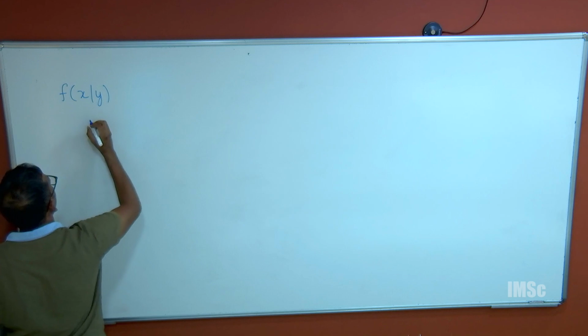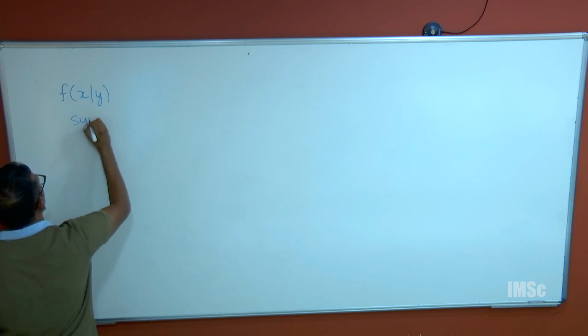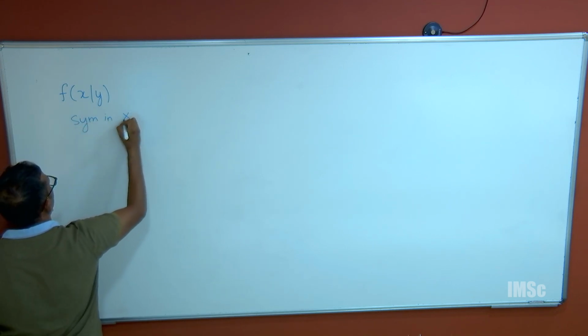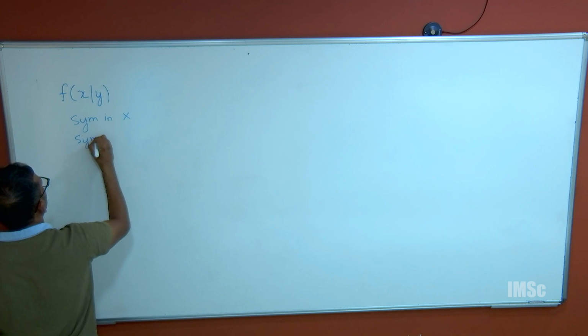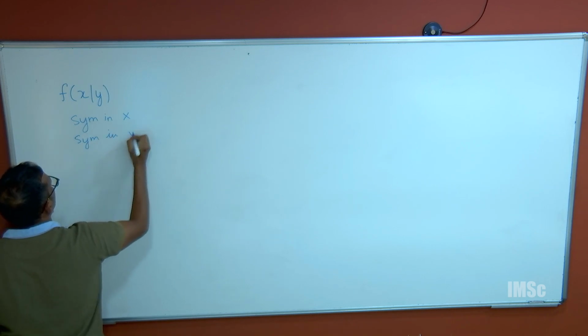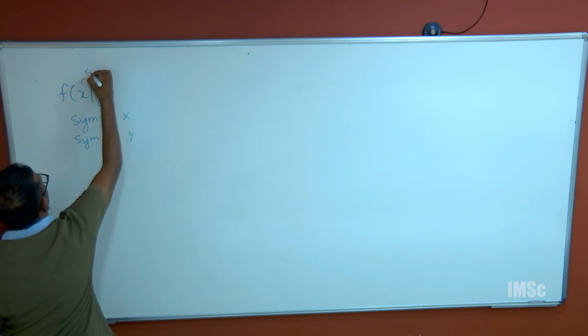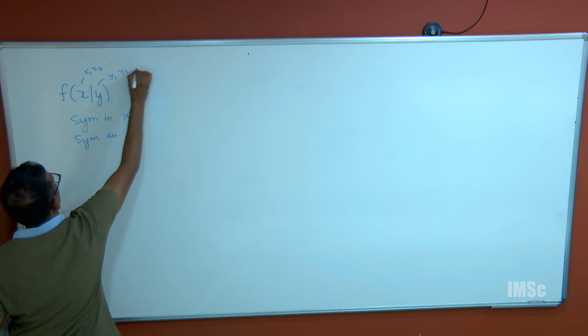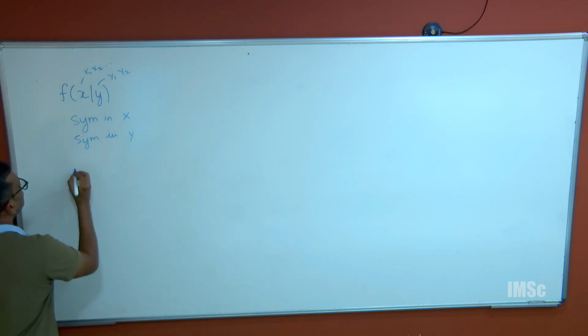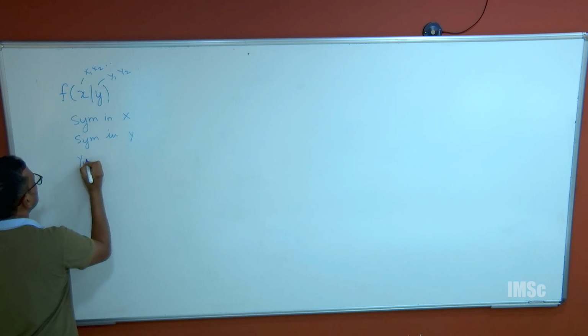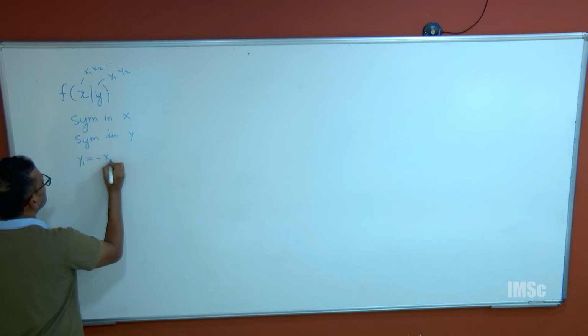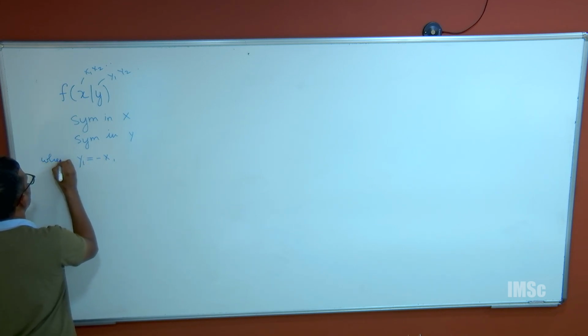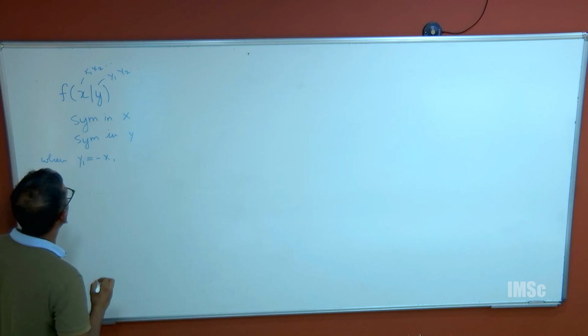They are symmetric in x, and symmetric in y. So x signifies x1, x2 and so on, and y signifies y1, y2 and so on. If you put y1 equal to minus x1, then the dependence on x1 and y1 goes away.